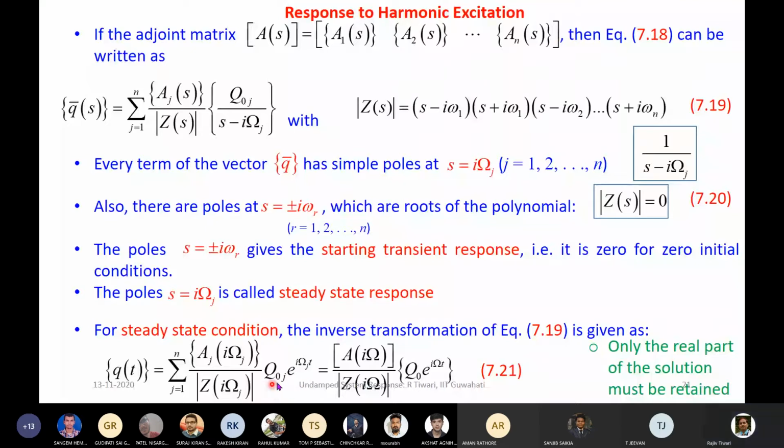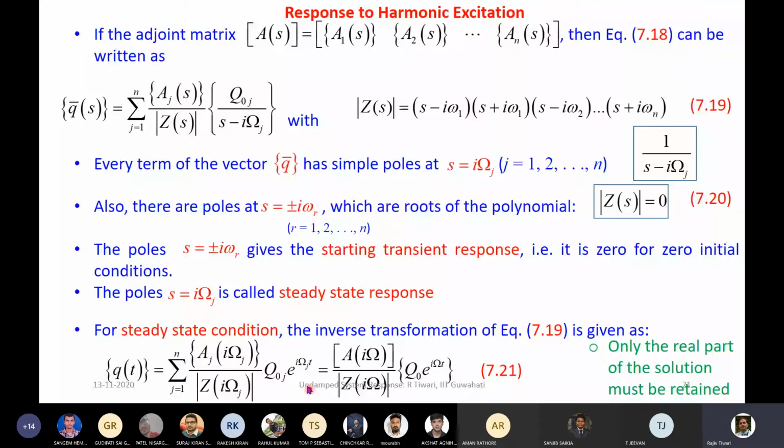So the summation, again, we can put in a matrix form because there are n terms. As we did here, we multiplied and did the inverse transform, and again we are bringing it into the matrix form. So this is the matrix form of A and the vector form of the force in the time domain.